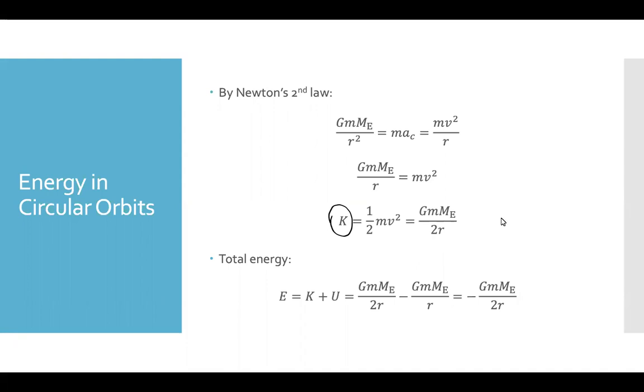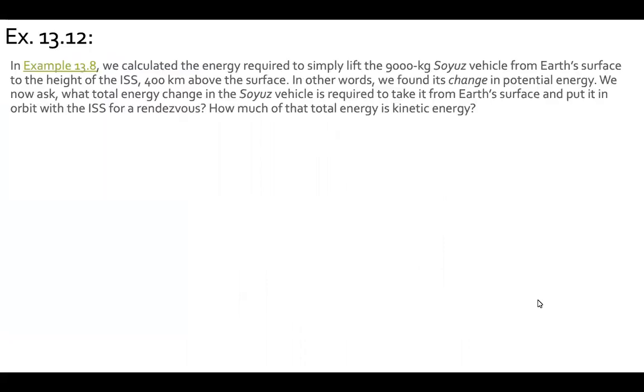Our total energy of these circular orbits is going to be kinetic plus potential, and using our potential energy that we found earlier, we find that our total energy is negative G M m_e over 2r. Again, I know that was quick. If you want more details, they have it in the book. Trying to keep this a little bit short and sweet today.